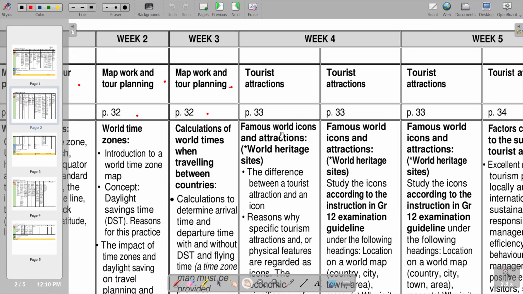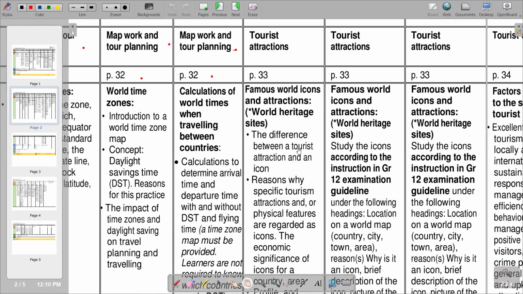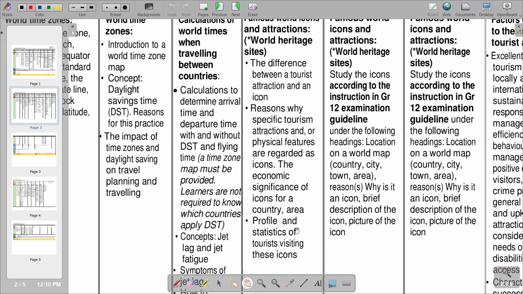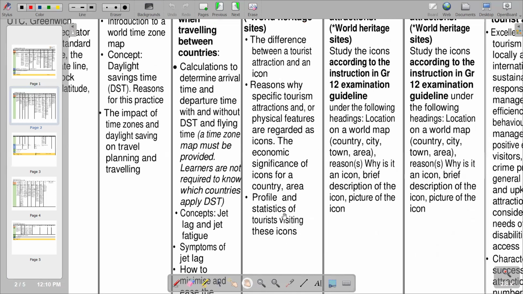I'm going to look at famous world icons and attractions, world heritage sites, in particular the difference between a tourist attraction and an icon, and then also reasons why specific tourism attractions or physical features are regarded as icons, the economic significance of icons for a country or area, and then also the profile and statistics of tourists visiting these icons.